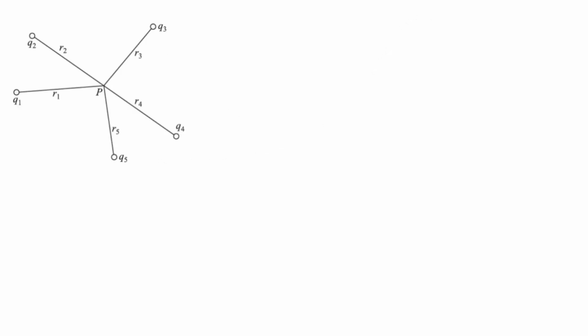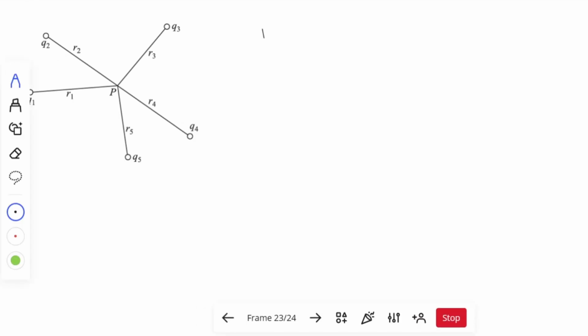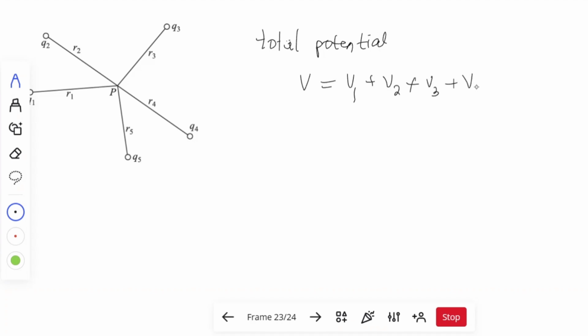For example, consider the system of charges q1, q2, q3, q4, q5 at distances r1, r2, r3, r4 and r5 respectively from the point P. The total potential V at point P is the scalar sum of the potential at P due to charge q1, due to charge q2, due to charge q3, due to charge q4, due to charge q5, and so on.